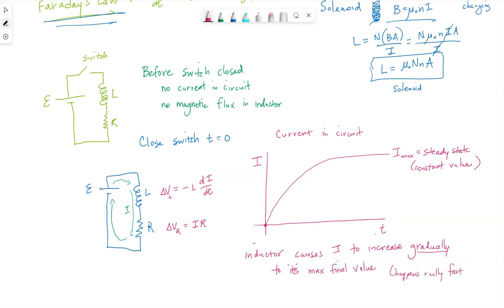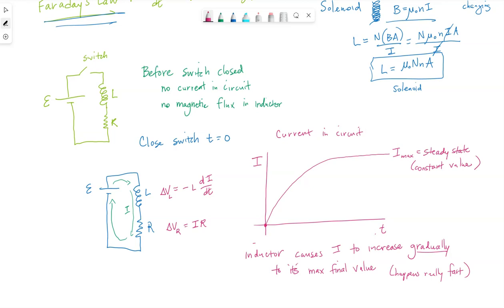That's why it's kind of weird to use the word gradually when we're talking in our everyday language and just talk about something gradually occurring. It brings to mind something that takes a long time, which is not the case. So gradually means the inductor does not allow the current to just immediately jump to some final value, but it still increases quickly.